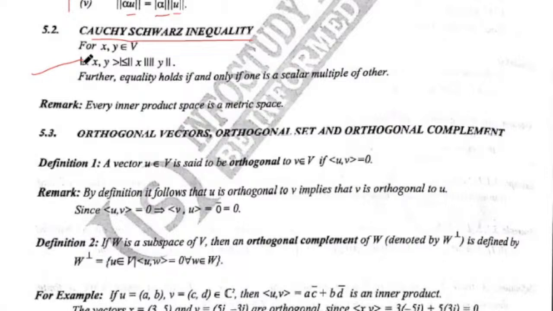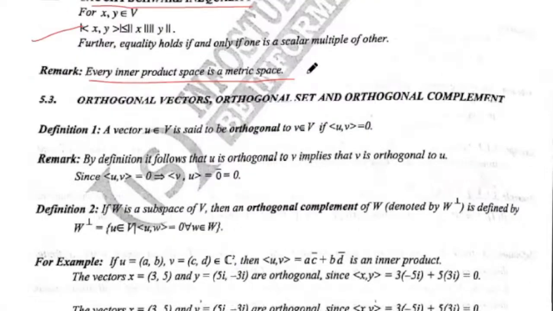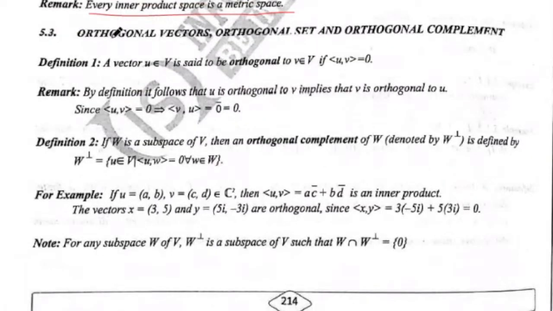When one is a scalar multiple of the other, the modulus of the inner product (x, y) will be equal to norm x norm y, if y is a scalar multiple of x or x is a scalar multiple of y. Otherwise it will be less than or equal to only. Also we can see that every inner product space is a metric space. Now we see about orthogonal vectors, orthogonal set and orthogonal complement.